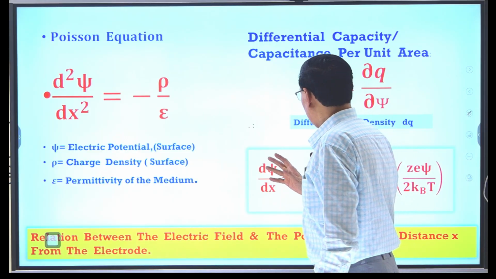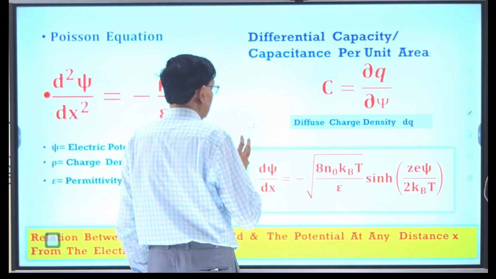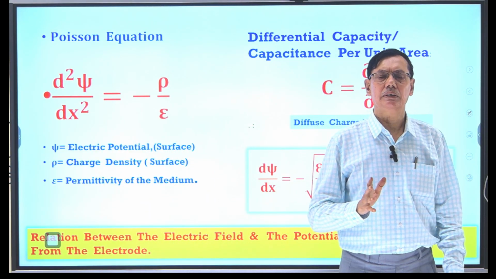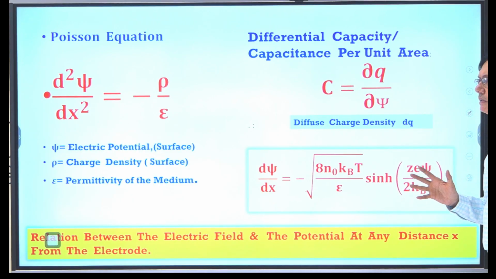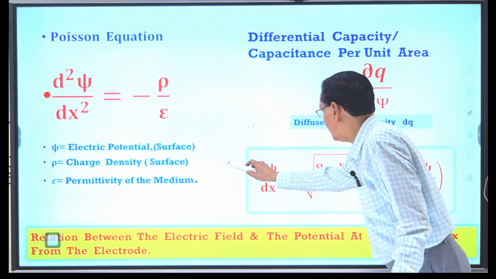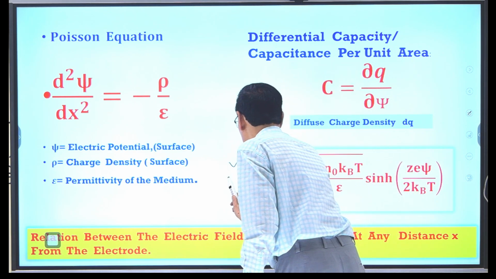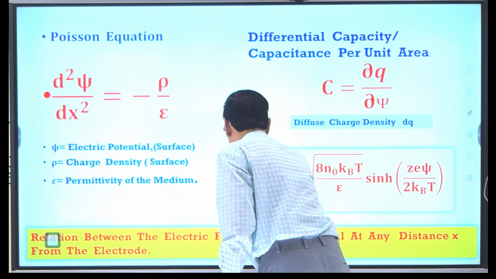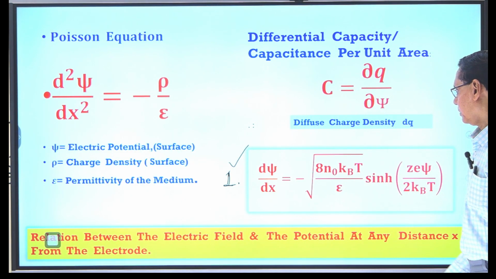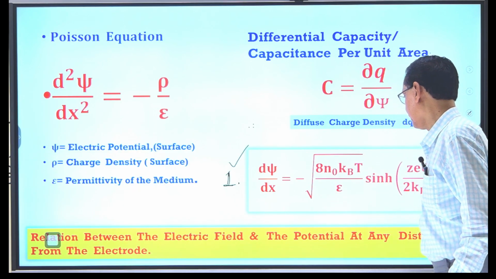Now, let me tell you what parameters can be studied with the help of this Gouy and Chapman model. Now, this is the final derivation. I should write it number 1. So, this is the number 1.